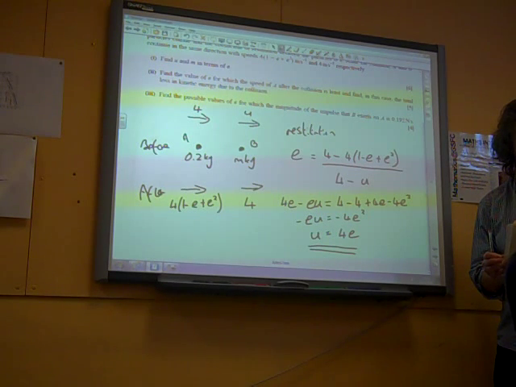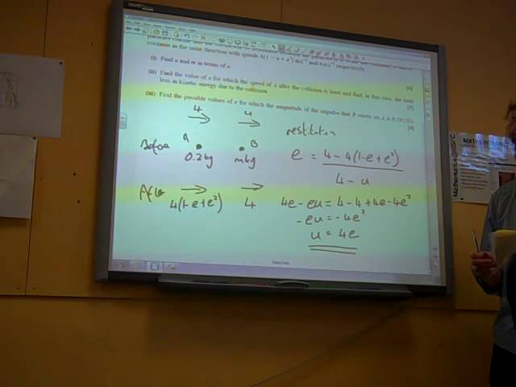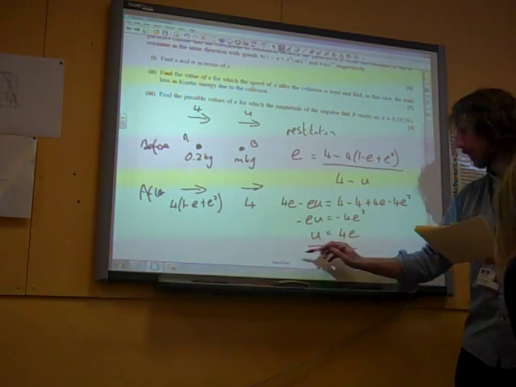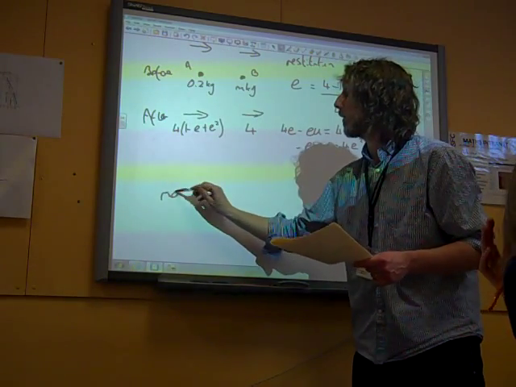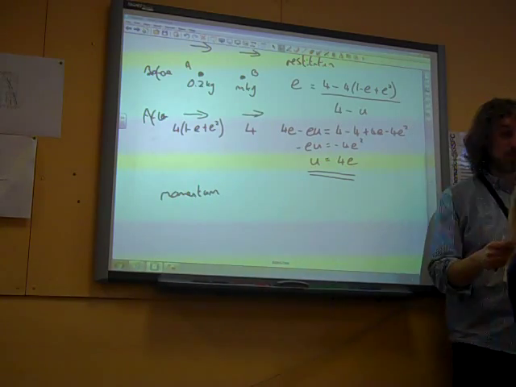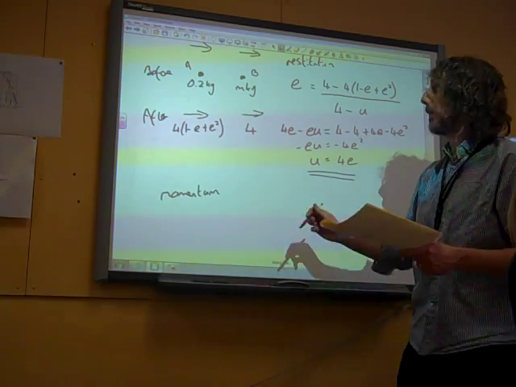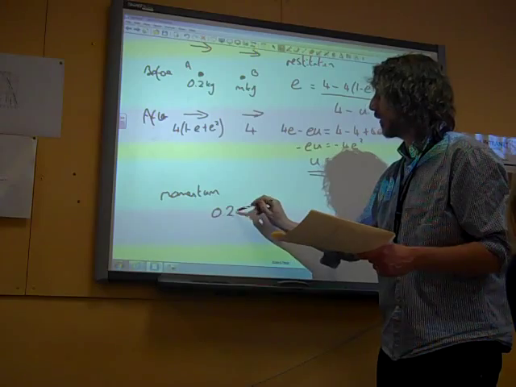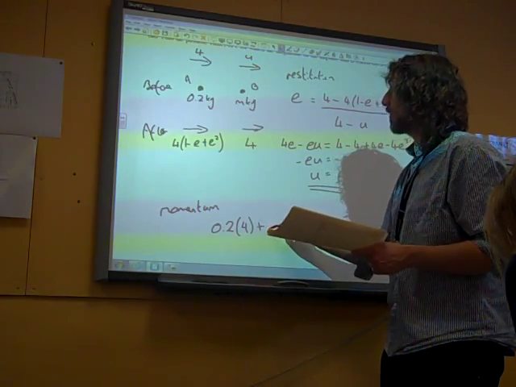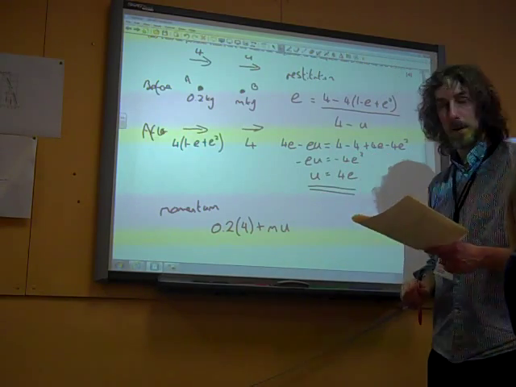Now, we need to find out m, don't we? So we need to think of momentum. If we're going to bring m into this, we need to think about momentum. That's what we always do with these kind of equations. And so the total momentum before is equal to the momentum afterwards. So before we've got 0.2 times 4 plus m times u.